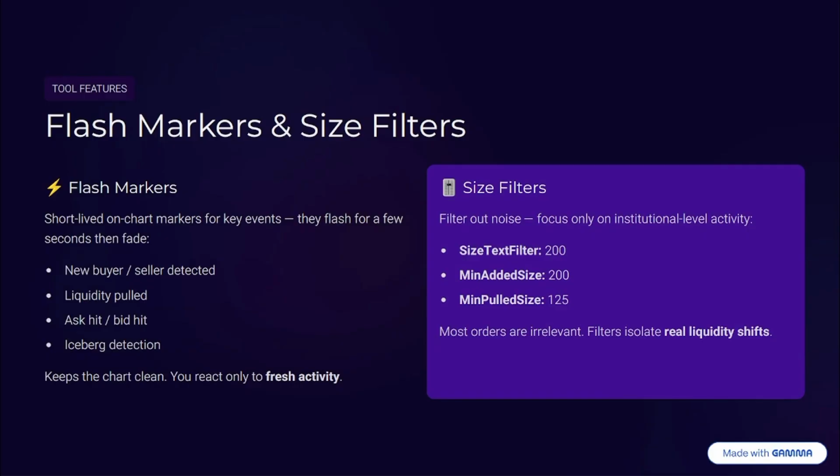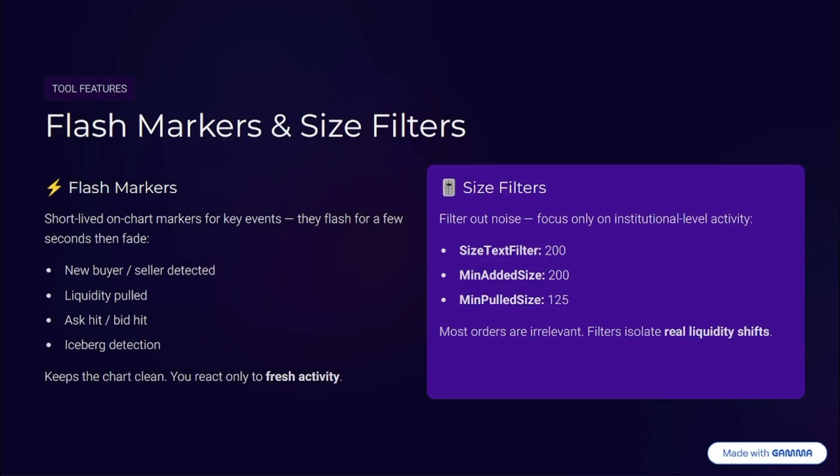Flash markers and size filters. Throughout the day, you'll see flash markers which are short-lived on the chart. They flash for a few seconds, then they fade. They will say new buyer or seller detected, liquidity pulled, ask hit, bid hit, or iceberg detection. The few seconds on the chart is designed that way to keep the charts clean so you only react to fresh activity.